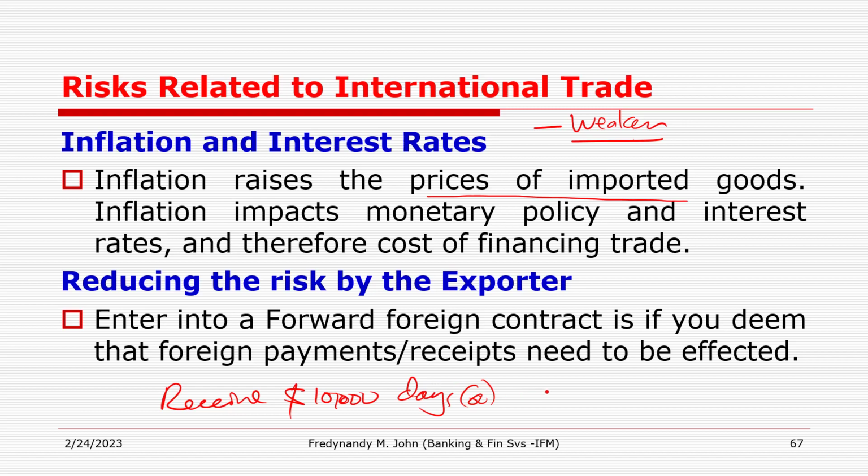In order to protect your proceeds, please enter into a forward contract where you will set a forward rate or a forward price, the price that will be used to buy or to sell your receipts.